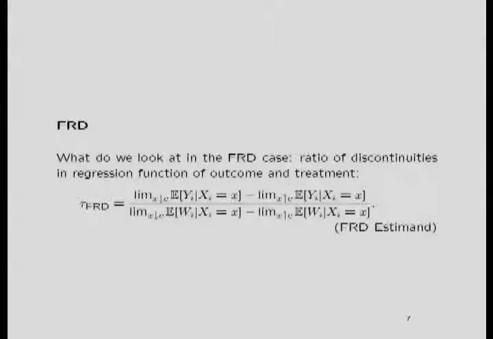So in that case, what we do, instead of just looking at the difference in the outcome, is divide that by the difference in the two limits of the regression function for the treatment indicator. And this is where it gets very close to looking like instrumental variables. And we'll make that connection very explicit in a little bit.